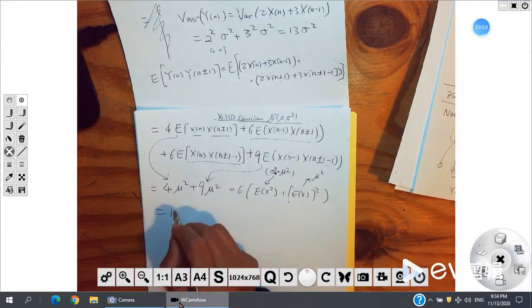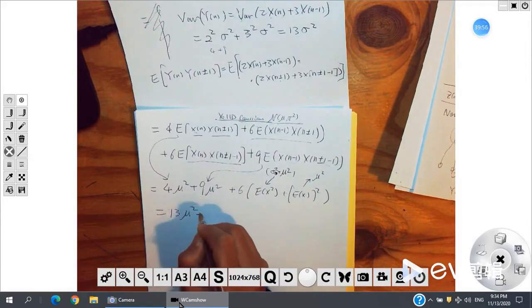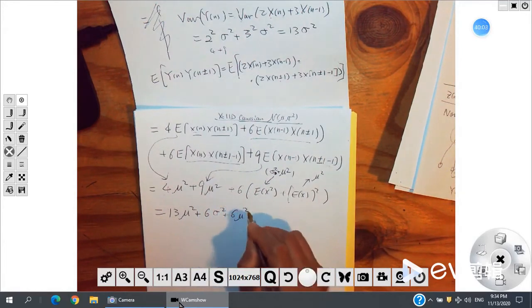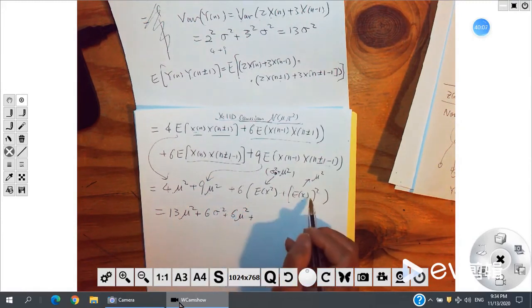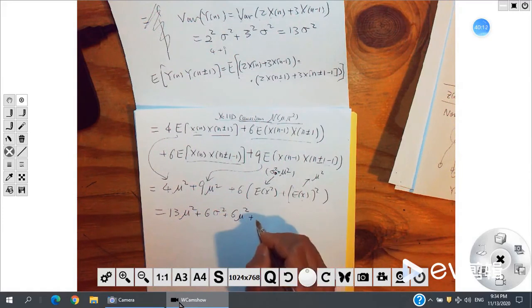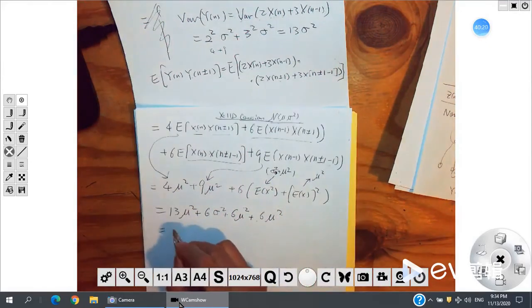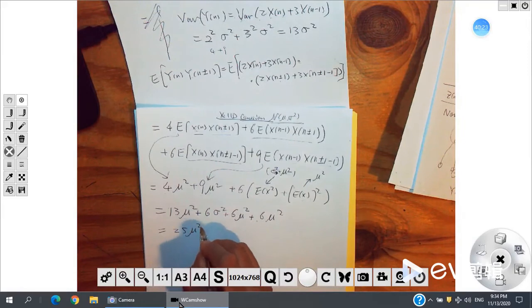This is 13 mu squared plus 6 sigma squared plus 6 mu squared, plus another 6 mu squared, right? Oh, there's a lot. So totally I have 25 mu squared plus 6 sigma squared. Oh, am I good?